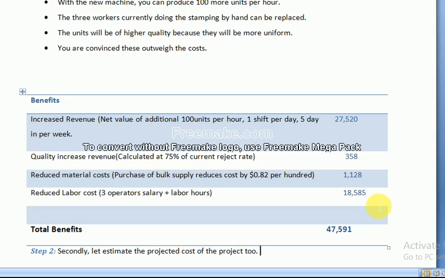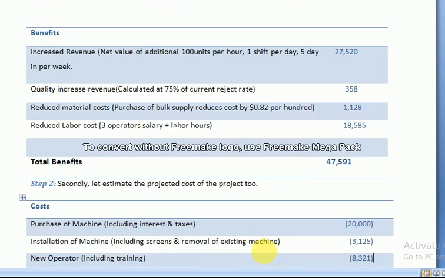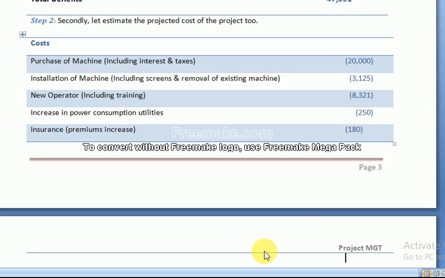That will be equal to 47,591. These are the total benefits. Our first step is complete. And now, being a project manager, we are sure that we calculated all the benefits relating to this project. Now, in the second step, we will calculate the costs which will be incurred on the replacement of this machinery. So we will calculate those costs.